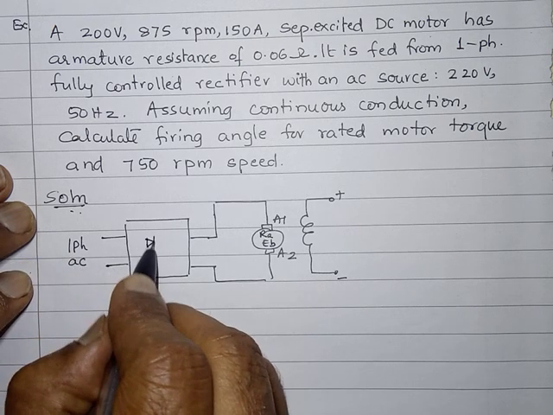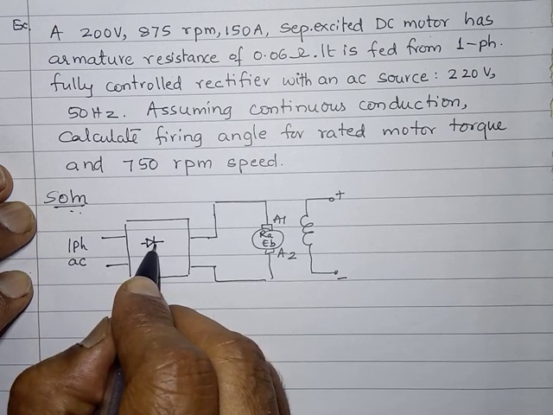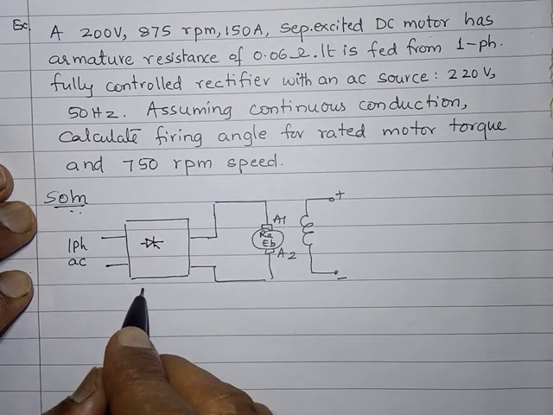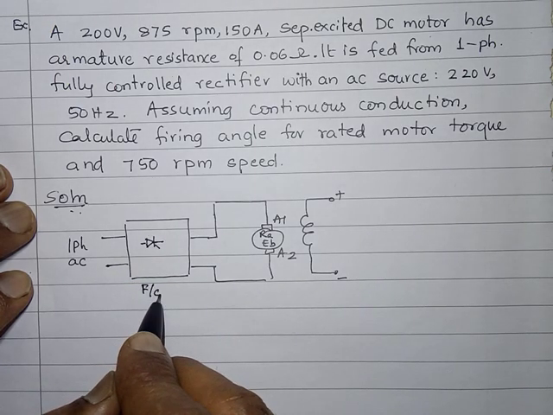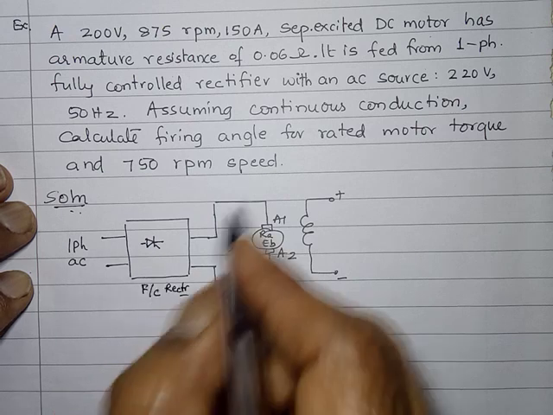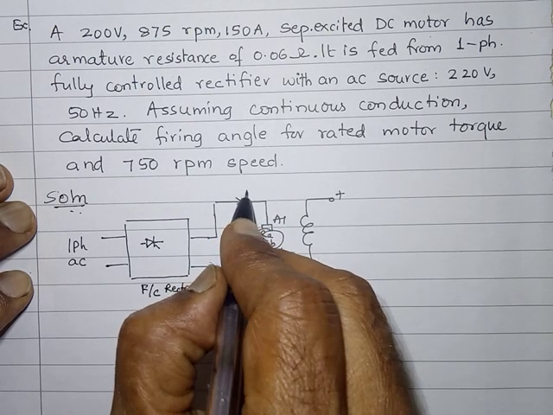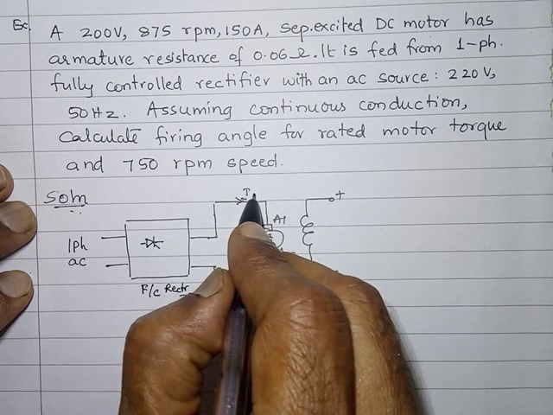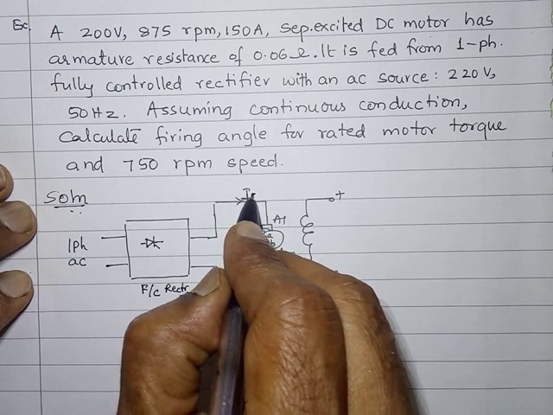This is actually the fully controlled rectifier. And the current in the armature I will put as IA1.